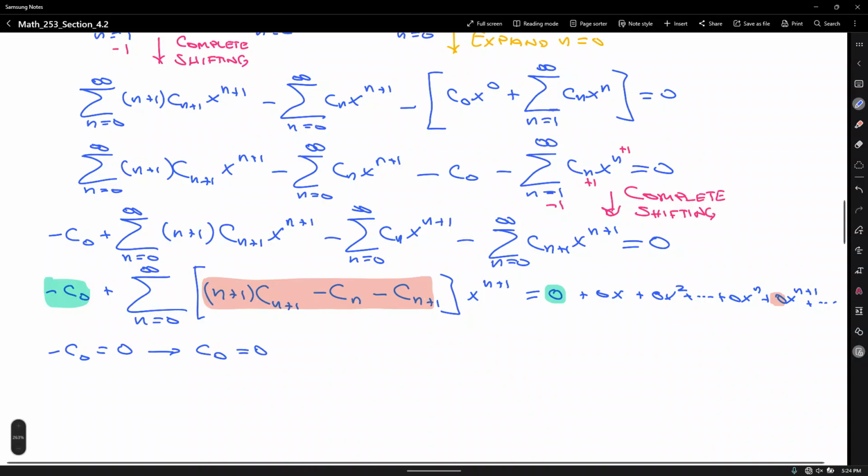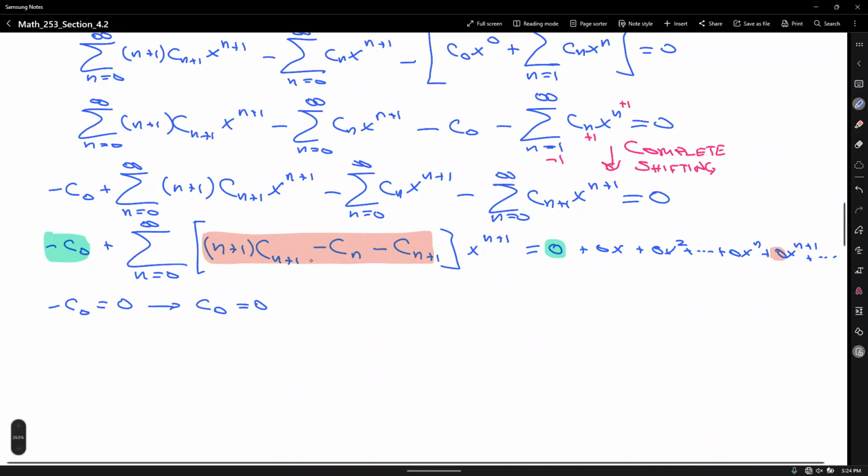So that's number one. Number two, the quantity highlighted with pink, that is (n plus 1) c sub n plus 1 minus c sub n minus c sub n plus 1. Let that be equal to 0. So what are we going to do here? I'm going to distribute c sub n plus 1: c sub n plus 1 times n plus c sub n plus 1 minus c sub n minus c sub n plus 1, let that be equal to 0.